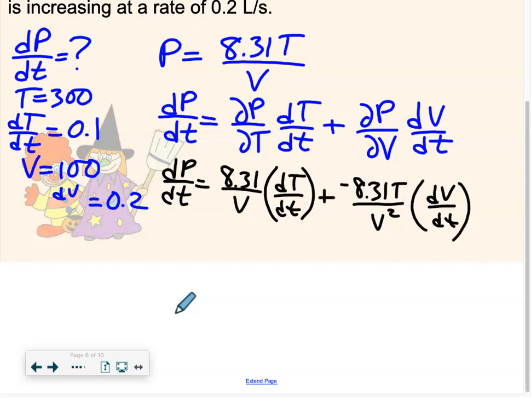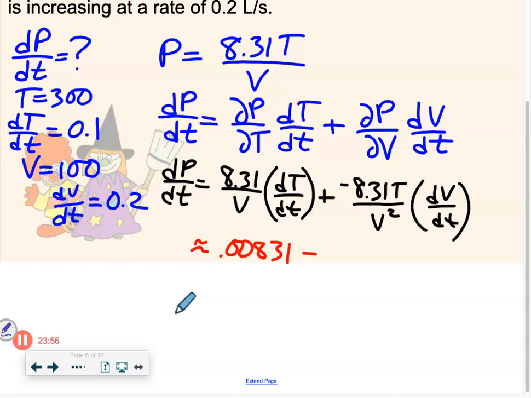Okay, so I get 0.00831 minus, and then I have 8.31 times 100 times, oh, I erased my dt, 0.2 divided by... I accidentally erased that when I was erasing some other stuff.